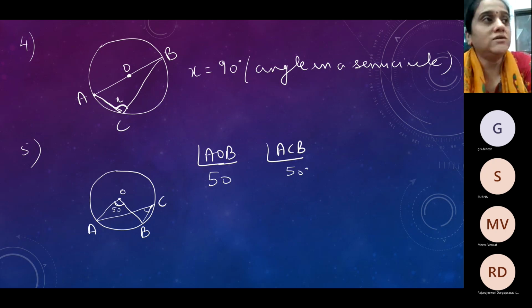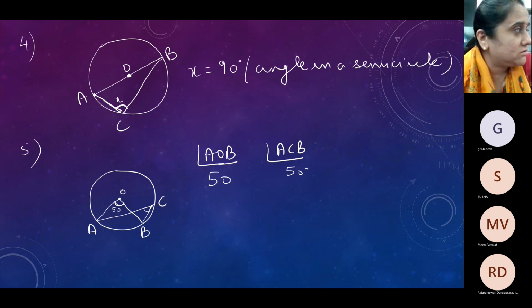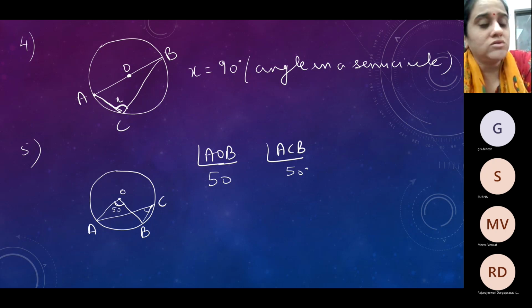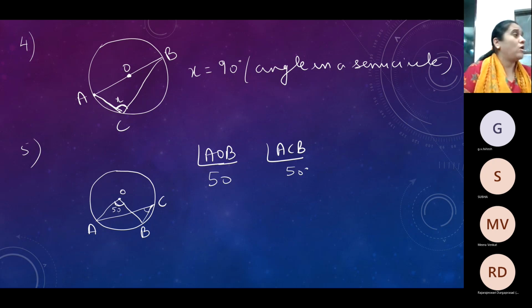Any other opinion? Recall from standard 9. No, don't write this. Unless I tell you to write, don't write. We have not still concluded. We're still discussing. We don't know what's right. So this is what Rajeshwari recalls from standard 9. Good. Others?